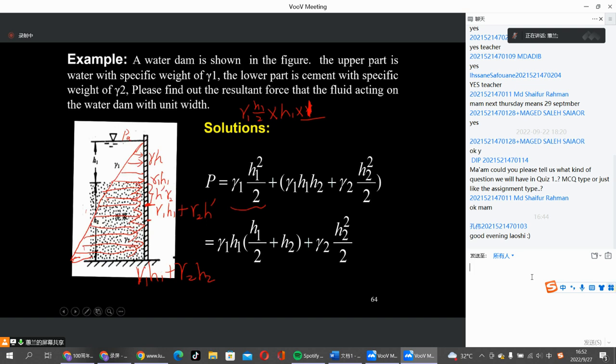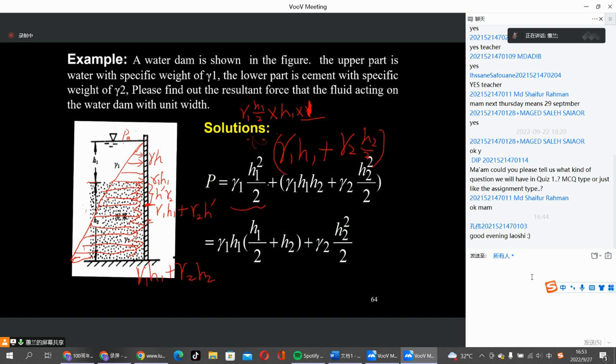That's why we need to calculate the pressure force respectively for each part. So for the cement segment, the pressure force will equal the pressure at the centroid. That will be gamma 1 H1, which is the pressure at the interface, plus the pressure due to the cement weight, gamma 2 half H2, right?